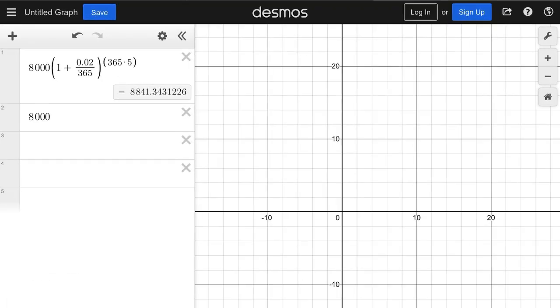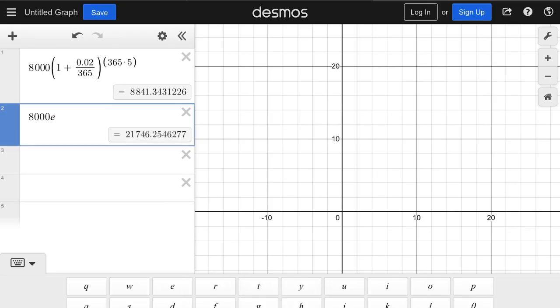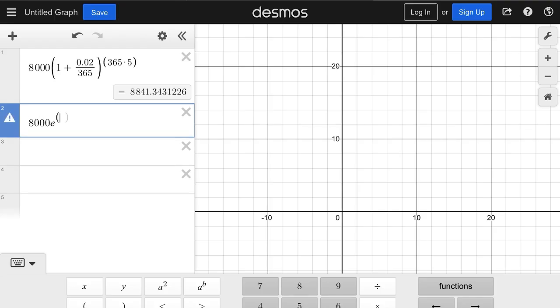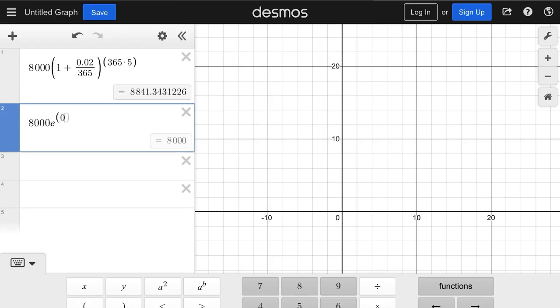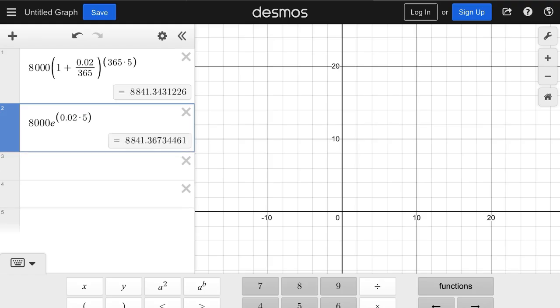So 8,000 times e. On Desmos, to get e, go to the ABC keyboard, use the e button, go back to the number keyboard, to the power of, you'll need a parenthesis, 0.02 times 5, close that parenthesis.